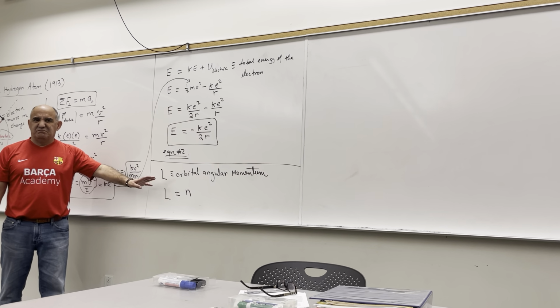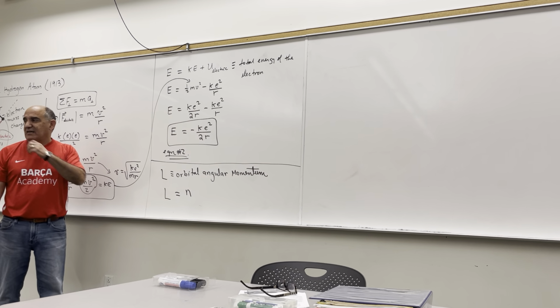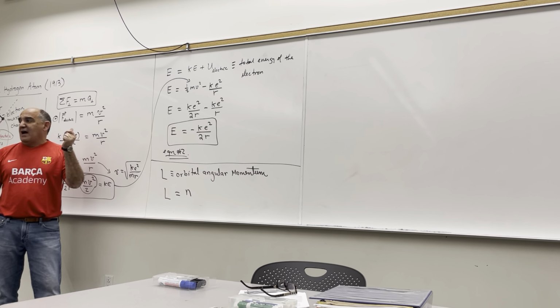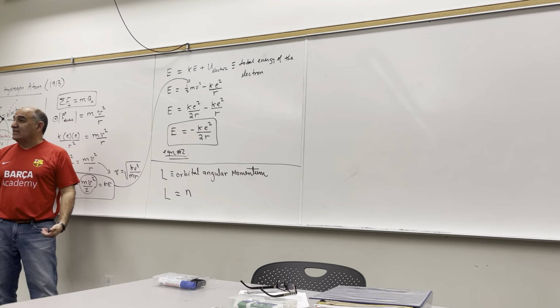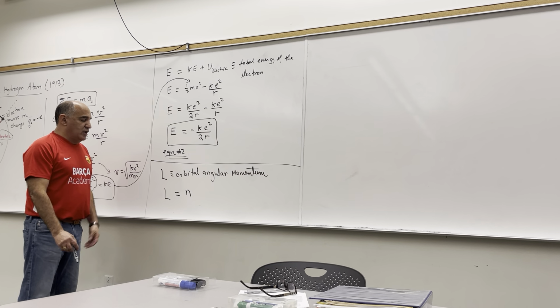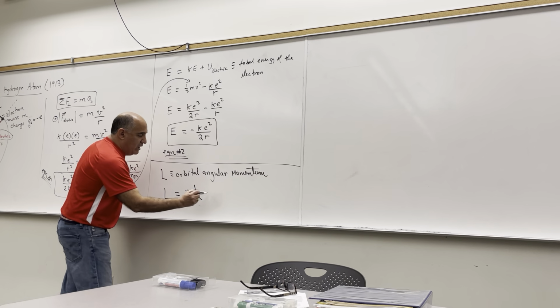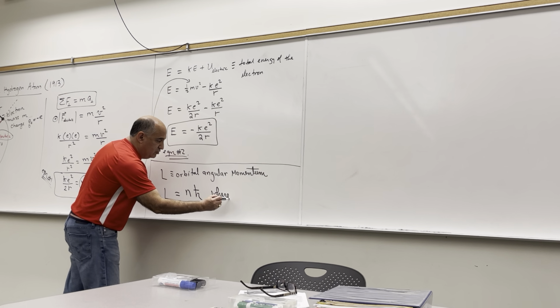This was a trial and error type of thing. I guess he was trying different things, and then he happened to try something that led to a very good result. So it was a number multiplied by h bar.